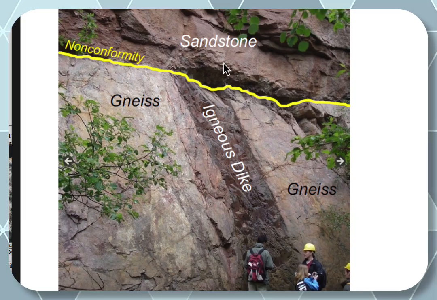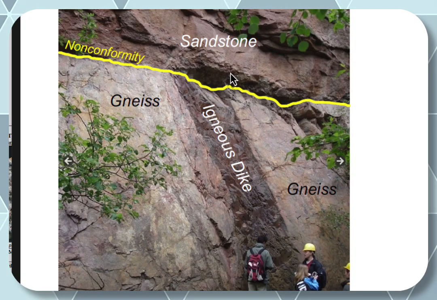But note that there's another event here that we really don't see because it's a time gap. It's missing. The rocks that used to be above the metamorphic rocks here, the gneiss, or even the igneous rock here, the dike, have been eroded away and made an old paleo surface where the sand came to rest on top, right?